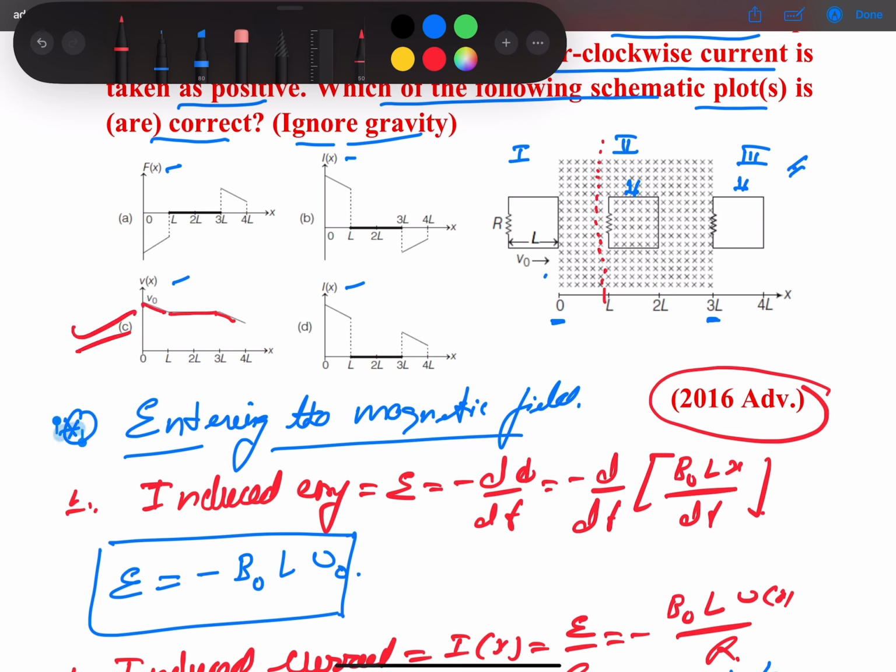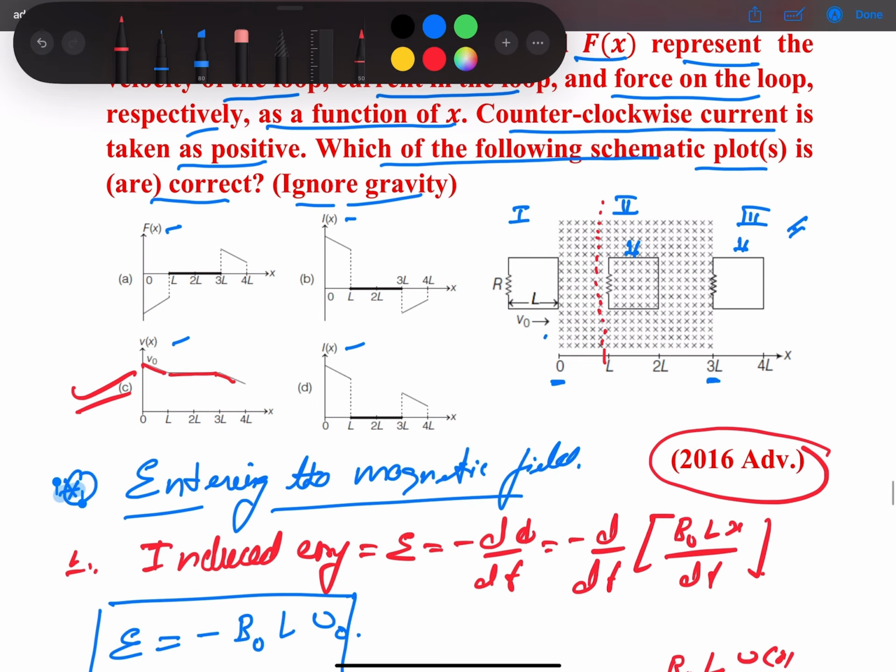And for the current, we can clearly see that the current will be first in one direction, like it said that counterclockwise is taken as positive, then it is going to turn to the clockwise direction. Okay, so this option, both the clockwise and counterclockwise, it is saying it will be a positive one. So this option is wrong. So for current, option number B is the correct one.